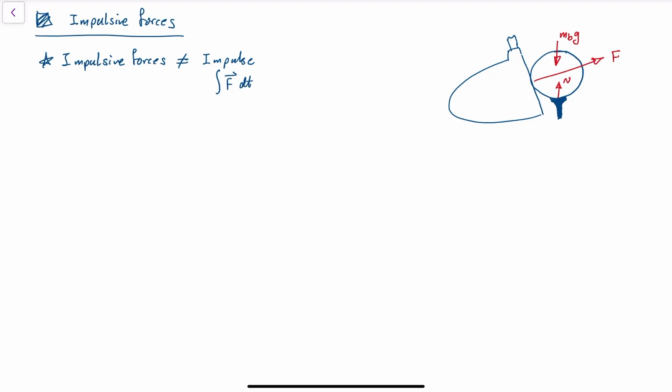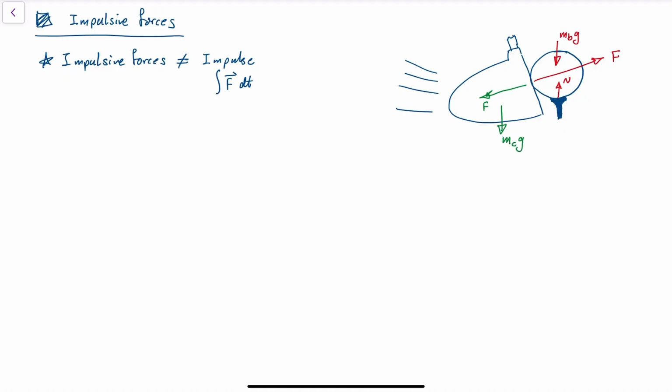And let's analyze forces on the club. I have the reaction of that force, F, acting from the ball back onto the club. The club is being swung like this in the air. Well, the club has some mass, so mass of the club times gravity.